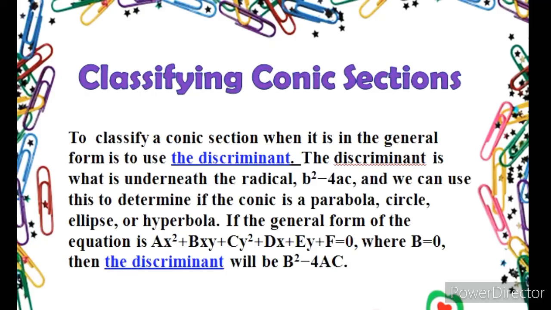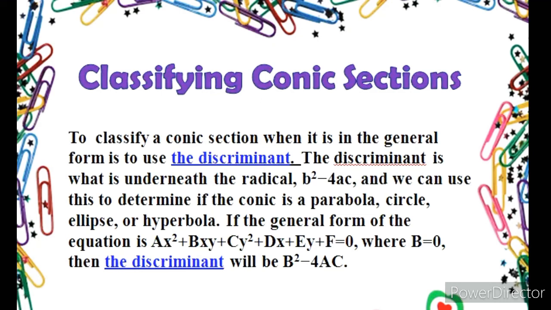Classifying conic sections. To classify a conic section when it is in the general form, we use the discriminant. The discriminant is underneath the radical, which is b squared minus 4ac. We can use this to determine if the conic is a parabola, circle, ellipse, or hyperbola.